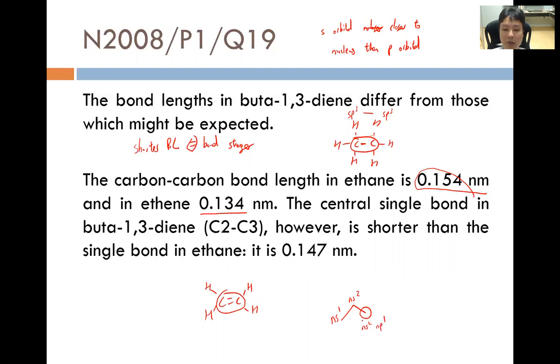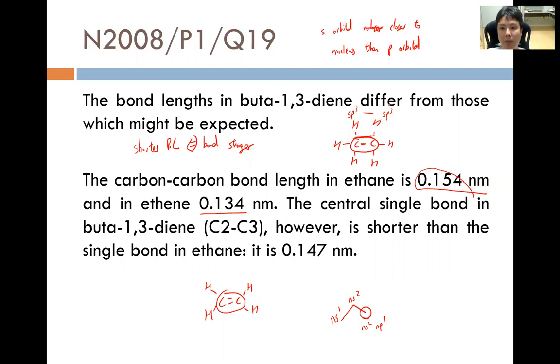The electron is removed from the p orbital, and the p orbital is further away from the nucleus than the s orbital, and therefore it requires less energy to remove. If you don't remember this, go and have a look at my lecture on atomic structure and ionization energy. Anyway, the s orbital is closer to the nucleus than the p orbital.